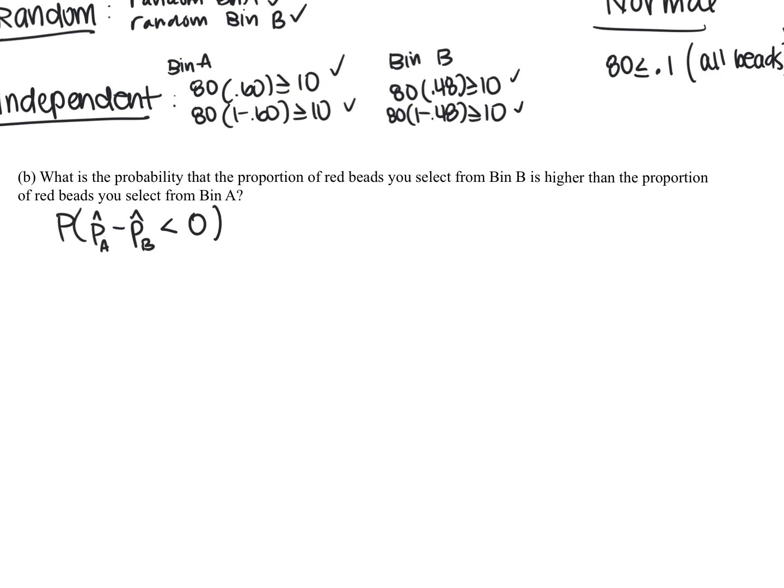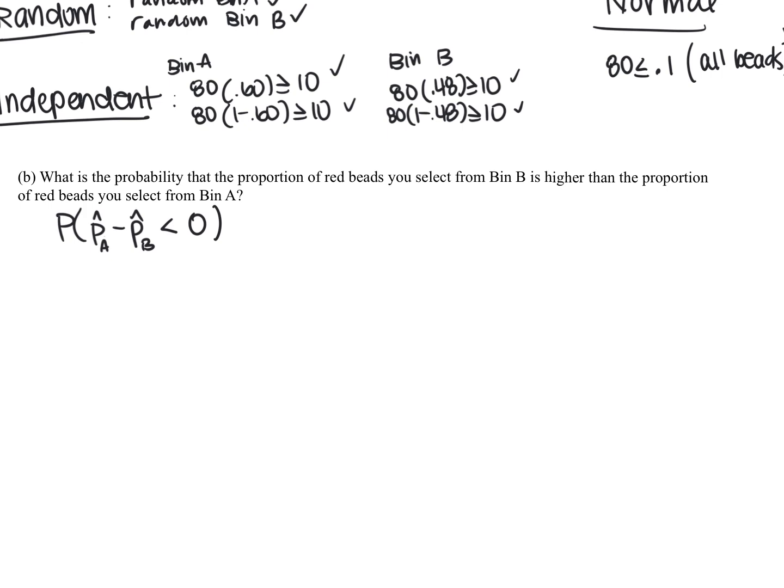So we're looking at the difference, and when I set it up this way, I'm looking at it less than 0. If I set it up the other way, proportion of bin B minus the proportion from bin A, then my probability statement would be greater than 0. So you have the choice here when you're looking at the difference, how to set it up, whether you're looking at A minus B or B minus A, which will change your mean, but it does not change the standard deviation.